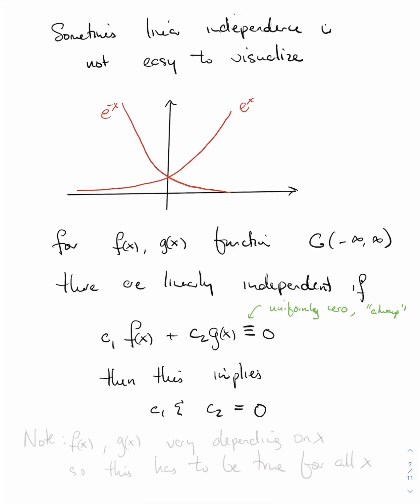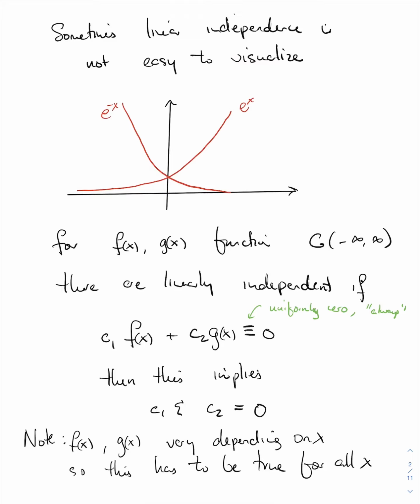Having said that, we also have to realize one additional subtlety before we dive in: f of x and g of x vary depending on x, so this has to be true for all x. This is what linear independence looks like for functions as opposed to vectors in Euclidean space.